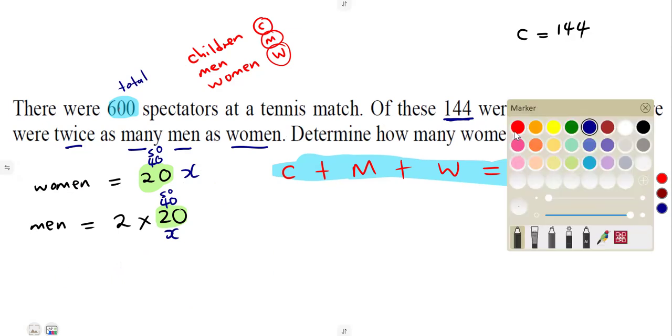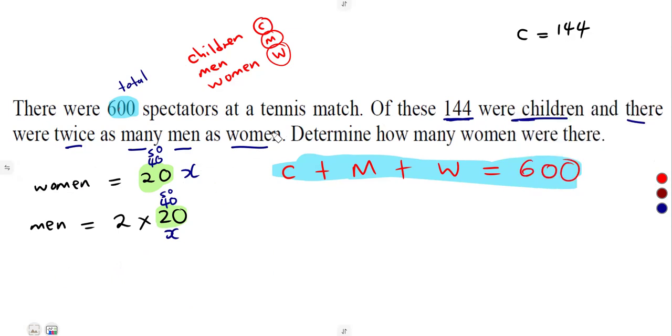We do not know how many women there are, so let women, which is our W, be represented by X. Therefore, if women are X, the number of men is 2 times X, which is 2X.